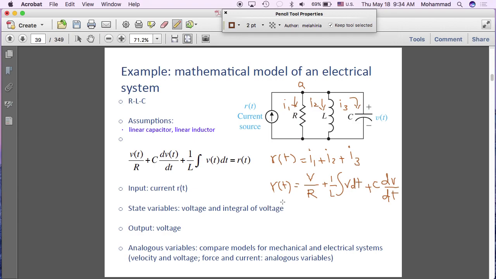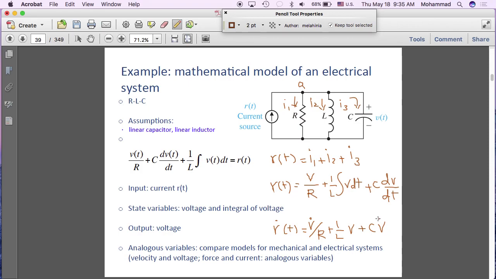Now, if you want to arrive at a purely differential equation with no integration, you have to differentiate it with respect to time. If you time differentiate this equation, you get R dot of t equal to V dot over R plus 1 over L V plus C times the derivative of V dot. What will happen to dV over dt if I've differentiated?